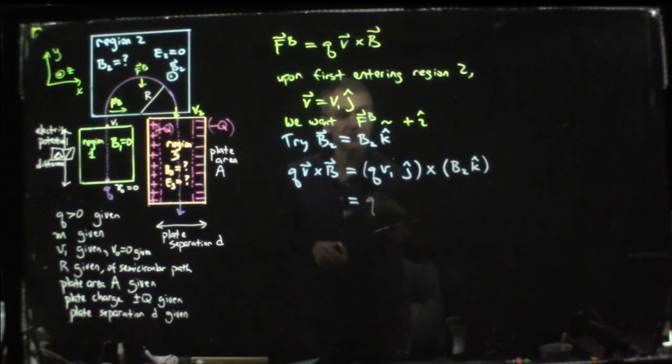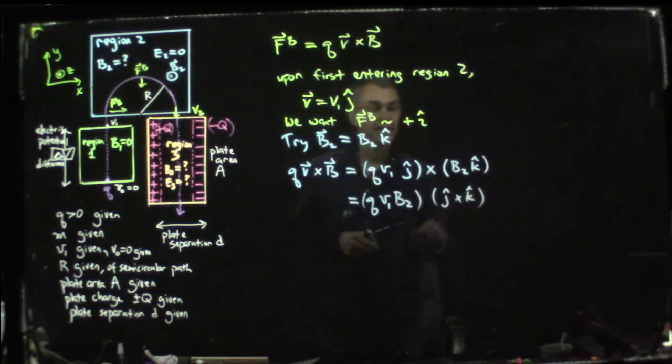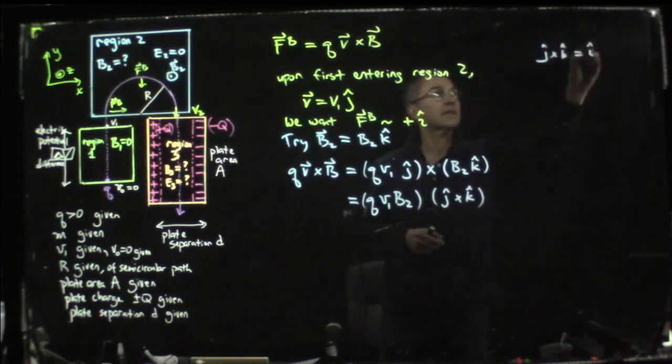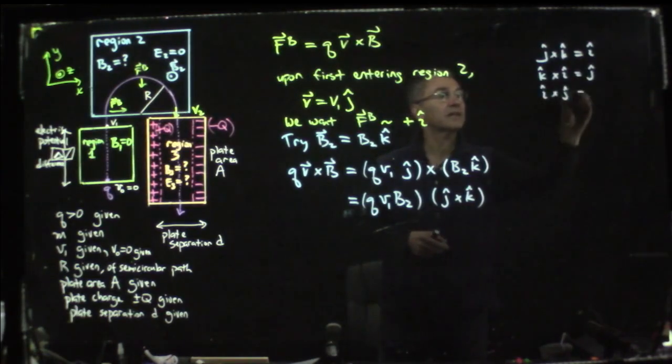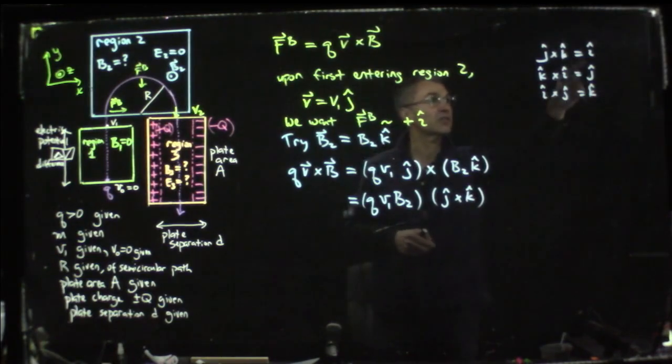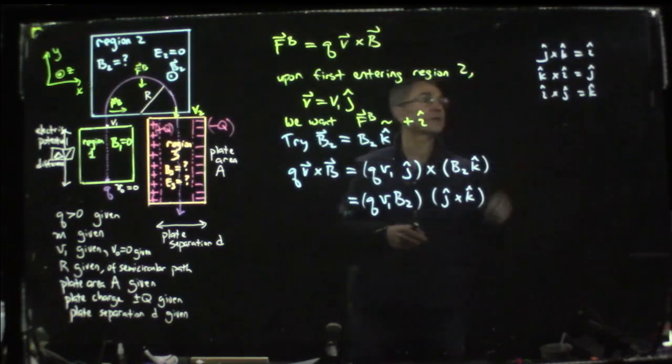That is charge times speed times magnetic field magnitude times j hat cross k hat, and j hat cross k hat equals i hat, k hat cross i hat equals j hat, i hat cross j hat equals k hat. Swap any two of these, you get a minus sign. You notice this is just cyclic permutation, so this is ijk, ijk, ijk in order from left to right.